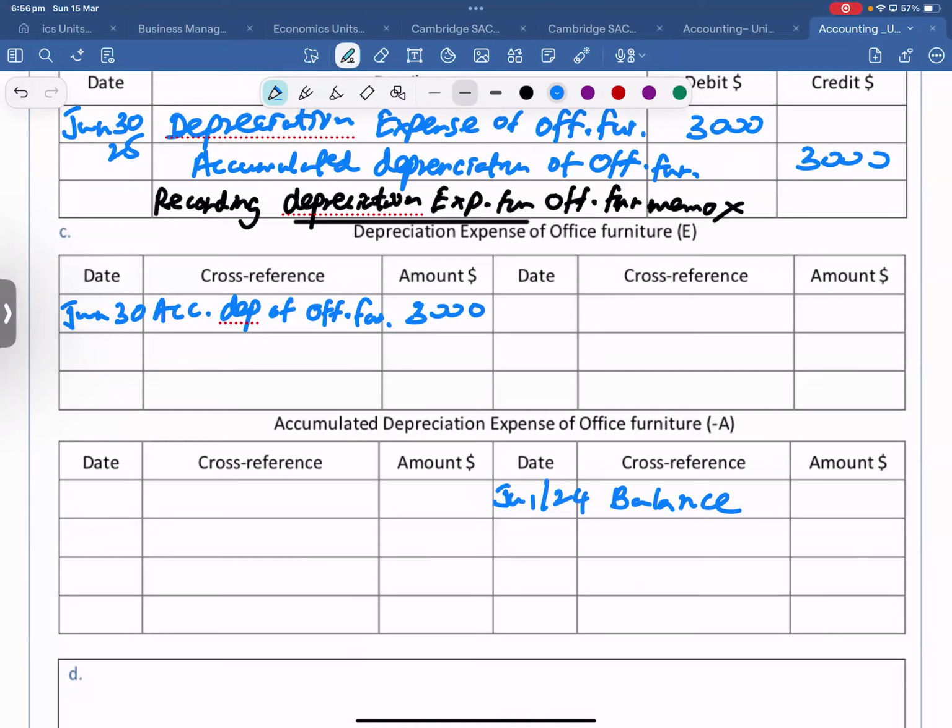We'll write July 1st, 24, because the next one we have to write for 25, right? July 1st, 24 balance. How much? 9,000. Then June 30th, 25.